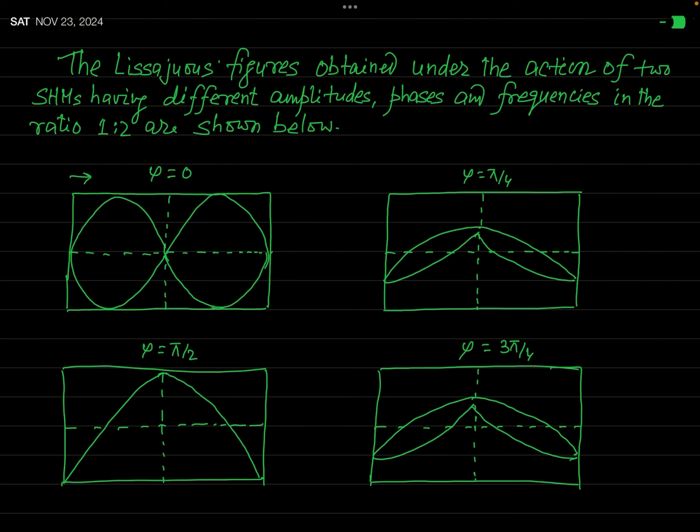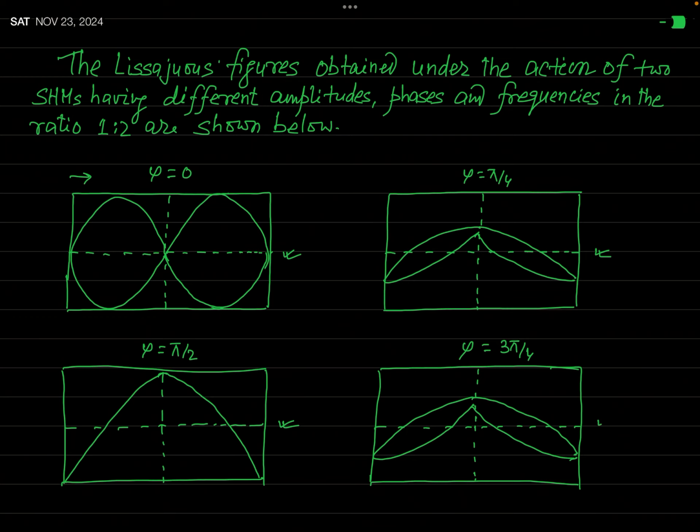When phi is 0, you have already seen, in this case the Lissajous figure is a closed curve having two loops, as you can see in this first figure. When phi is pi by 4, then the Lissajous figure is like this. And you have also seen just now that when phi is pi by 2, then the Lissajous figure is a parabola, which is actually the combination of two parabolas, or two coincident parabolas.